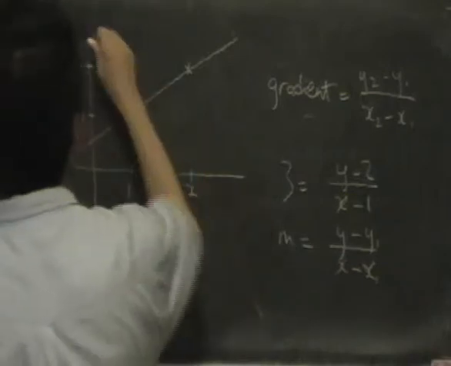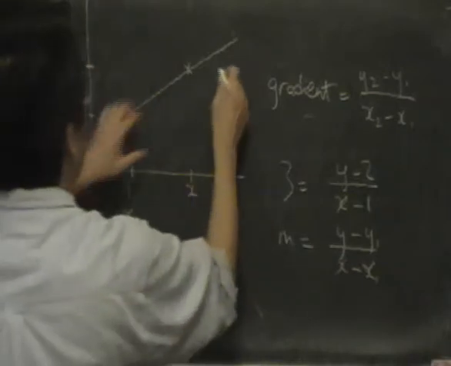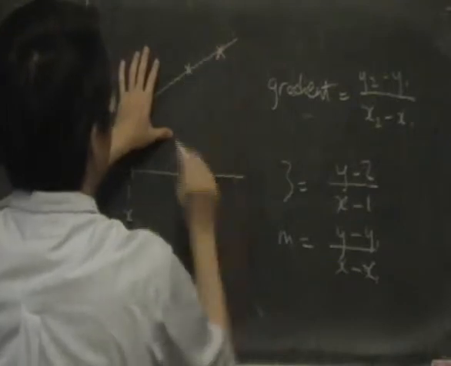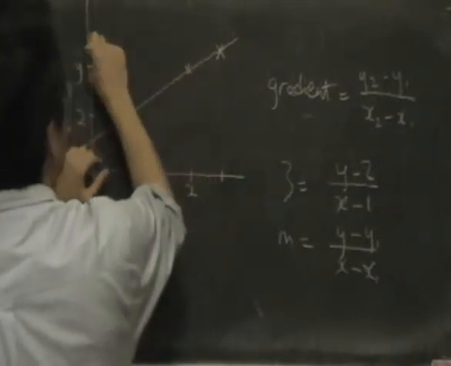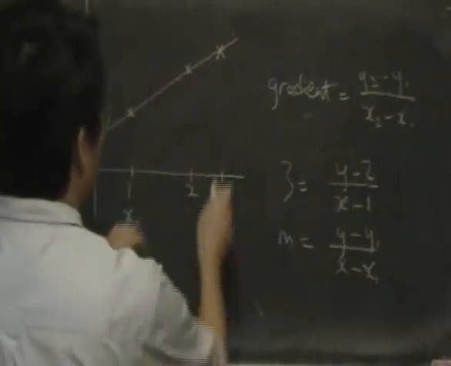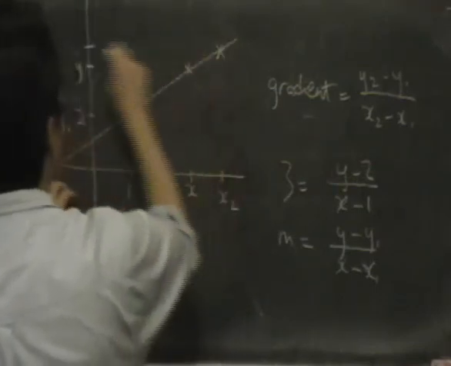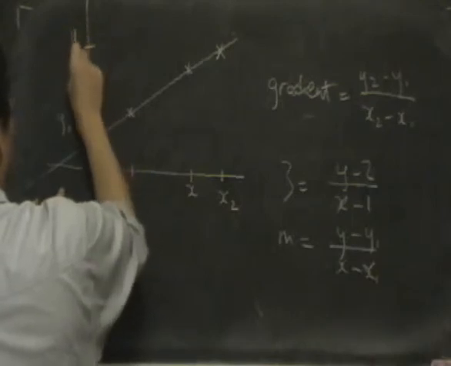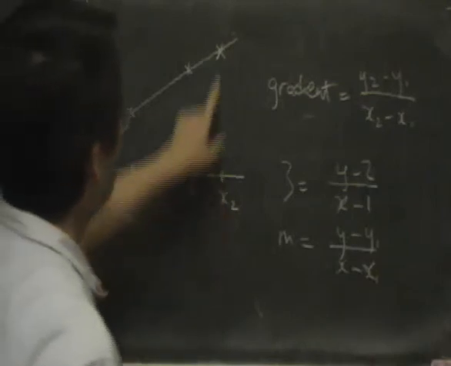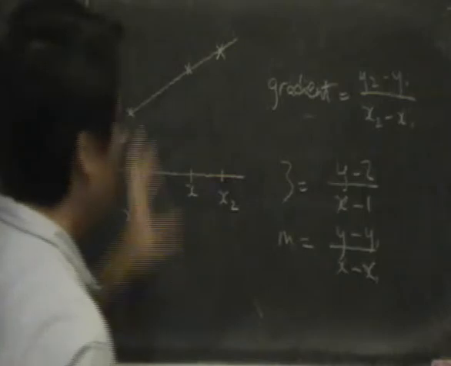Let's say I'm also given a point there, with x value x2 and y value y2. So suppose that I know those 2 points, but I don't know the gradient.